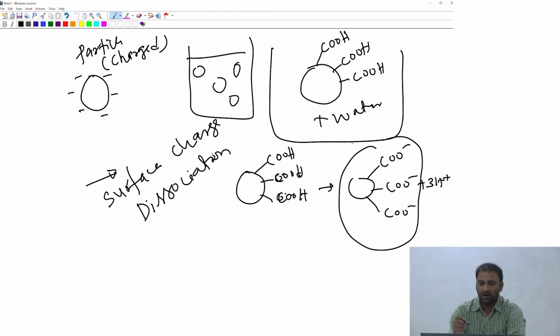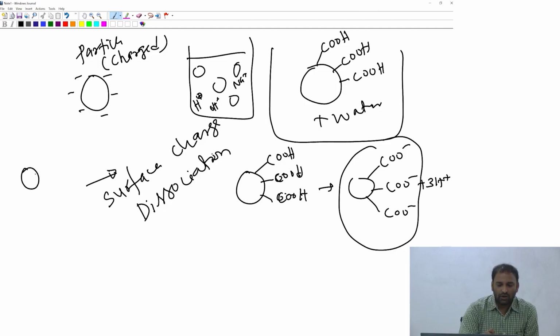This is one mechanism. There are other mechanisms where, if you have particles in a solution and there are some ions in solution, it could be H plus or OH minus or Na plus or whatever, then the ions can go and get adsorbed on the particle surface. There could be a physical adsorption of ions on the particle surface.